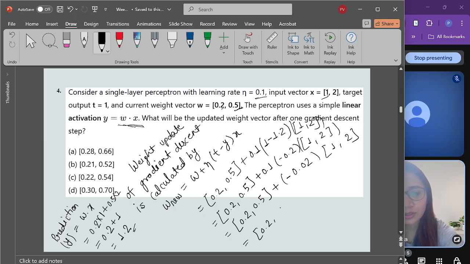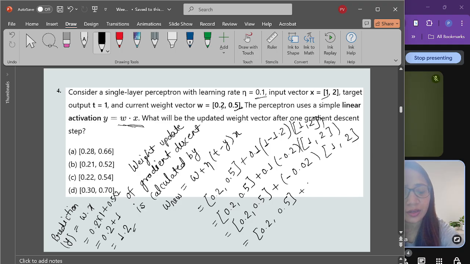If you multiply this further, you can directly take the minus sign out, and here you will get 0.02 and here you will get 0.04, right? Now if you subtract these values, this one from this one and this one from this one, you will get 0.18 and 0.46 as the weight vector.